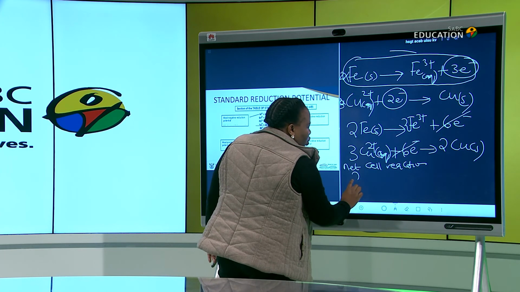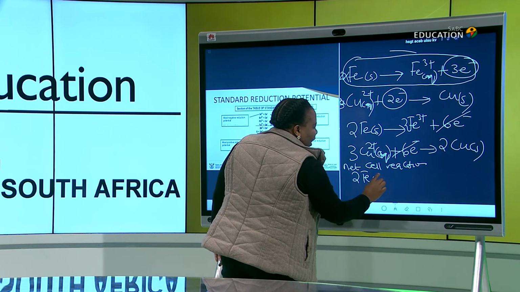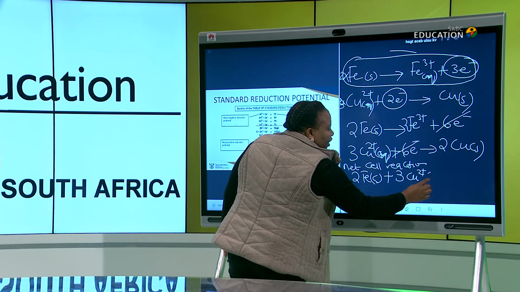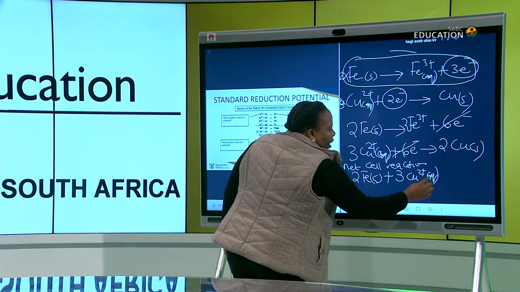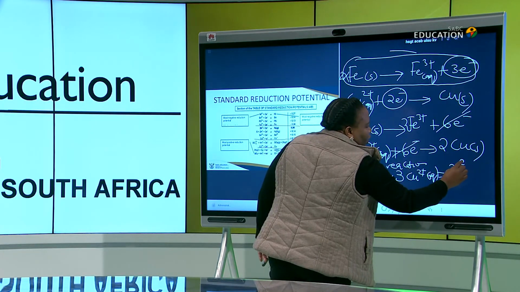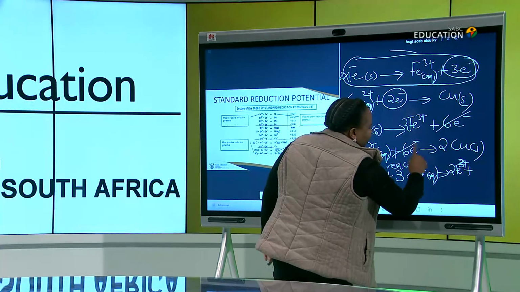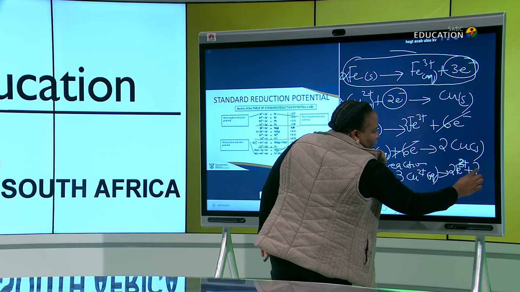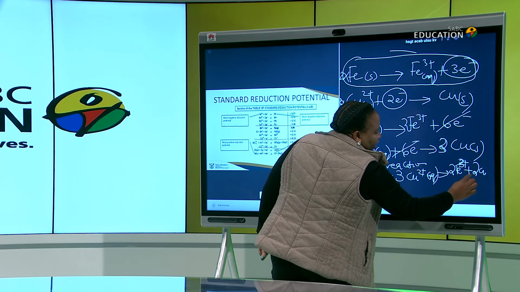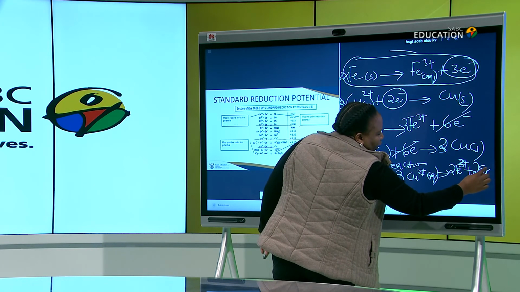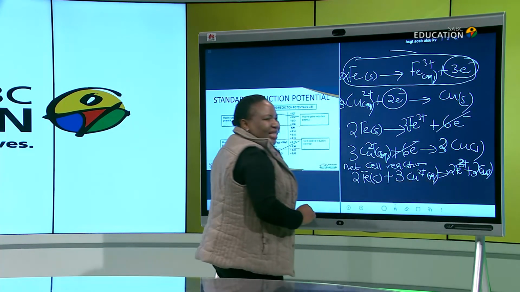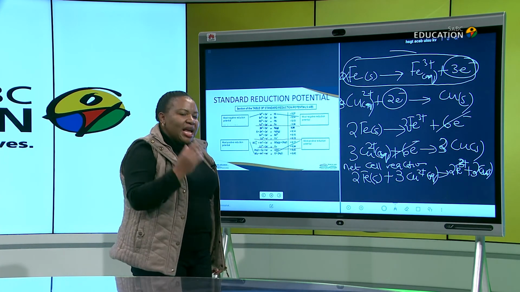So it's going to be 2 Fe, which is a solid, plus 3 Cu 2 plus, which is aqueous, going to 2 Fe 3 plus plus 3 Cu solid. So now this reaction is balanced. This is a balanced net cell reaction.